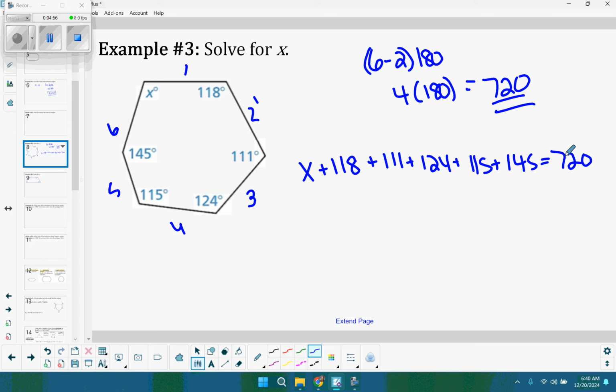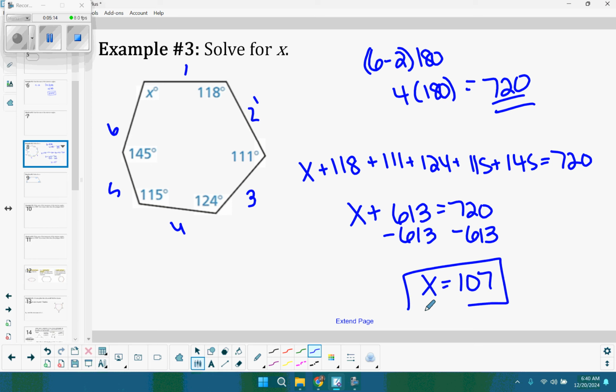So I'm going to add up 118, 111, 124, 115, and 145, and I get 613. So now when I subtract 613 from both sides, I get x is 107.